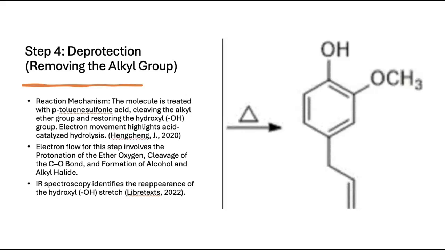This step is crucial in chemical synthesis, especially in making medicines like eugenol. The IR spectroscopy identifies the reappearance of the hydroxyl stretch. Electron flow involves the protonation of the ether oxygen, cleavage of the C-O bond, and formation of alcohol and alkyl halide.